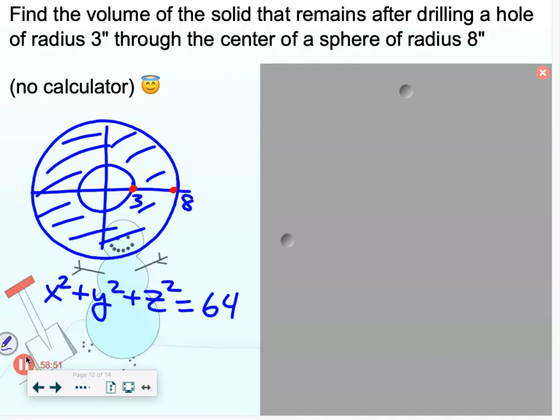So your z equals plus or minus the square root of 64 minus x squared plus y squared, or r squared. Now, in order to eliminate the plus or minus, this is truly symmetric, so you could just do the positive times 2. Would you have to multiply that by 2? You would.